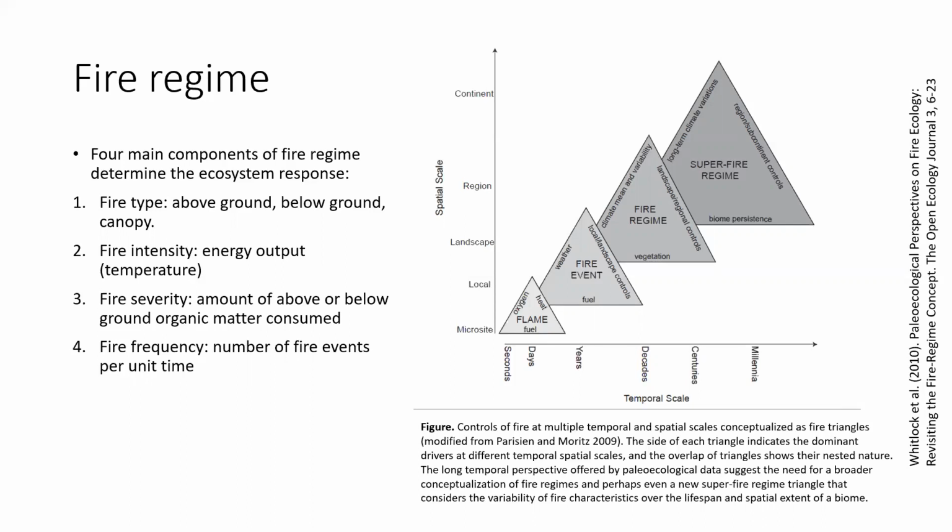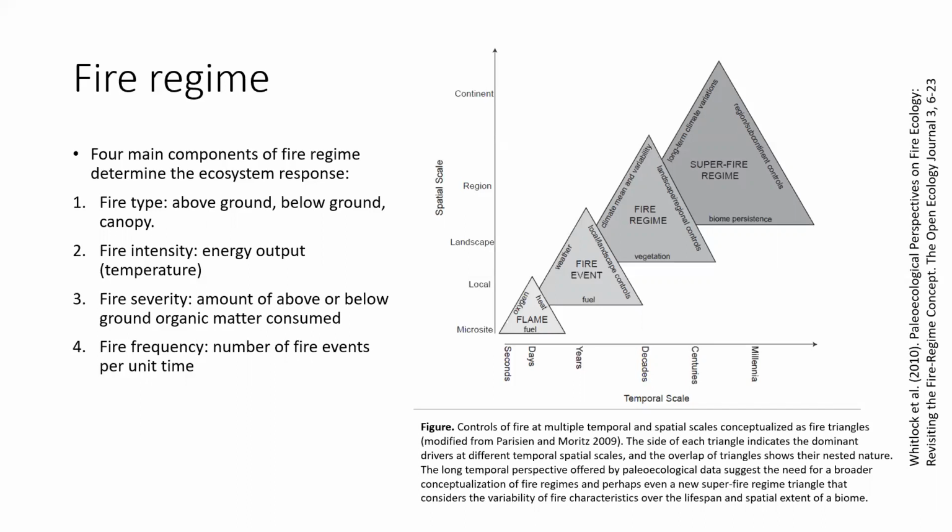Also the fire intensity, usually, so the higher the temperatures the fire burns at, the more destructive, and usually the crown fires burn at higher temperatures than, for example, the surface fires. Also the fire severity, like how much of the organic matter is consumed in the fire, so how big an amount of biomass is burning during the fire. And then also fire frequency, so basically how often fires happen per given time.